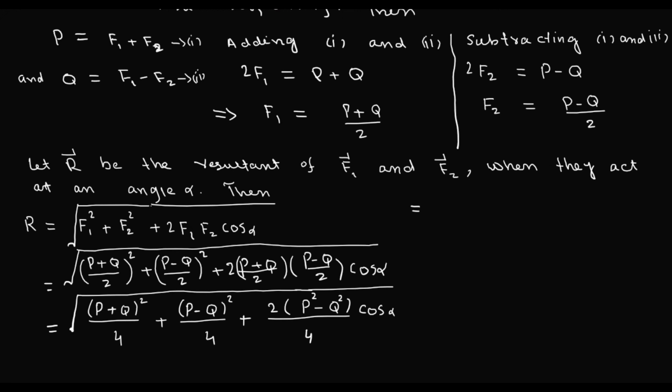Now, 4 is the LCM here, and we are just doing simplification. So we can write 1 over 4, and inside the bracket we write (P plus Q) square plus (P minus Q) square, plus 2 into (P square minus Q square) cos alpha.